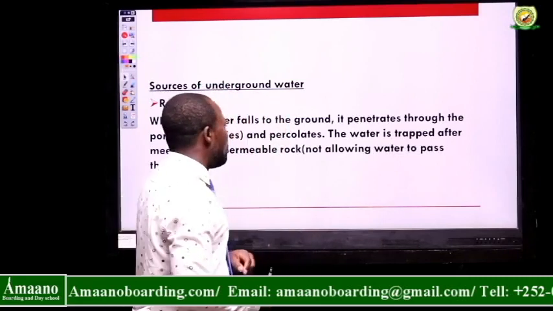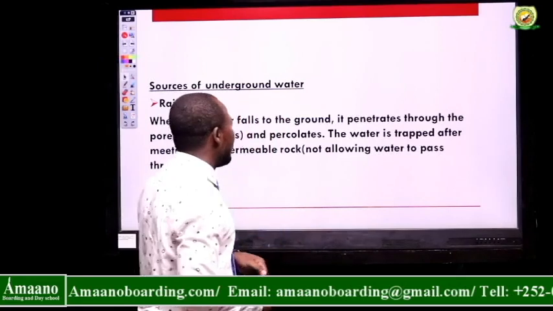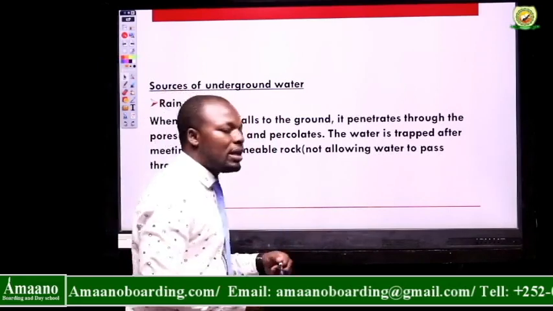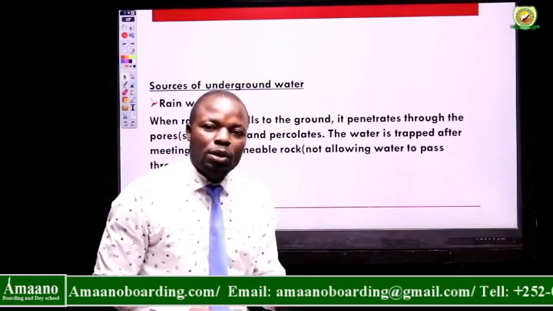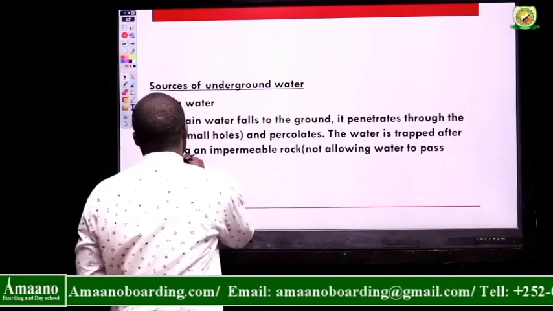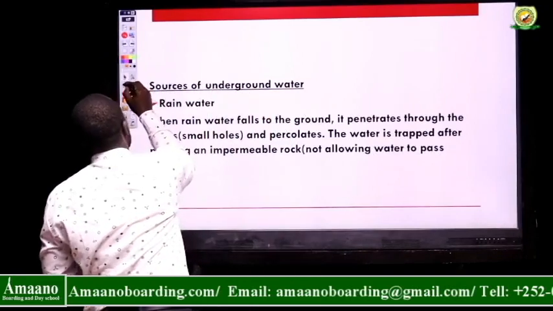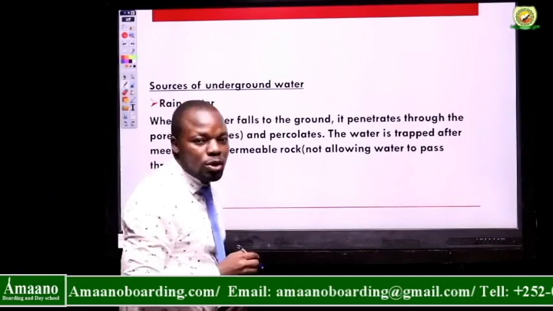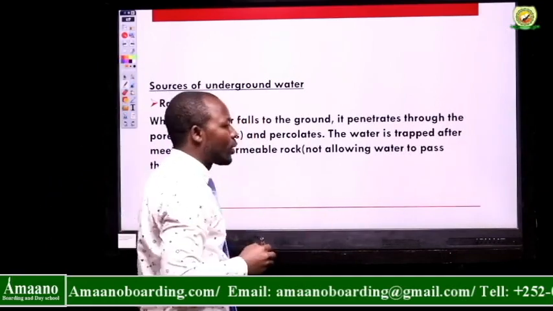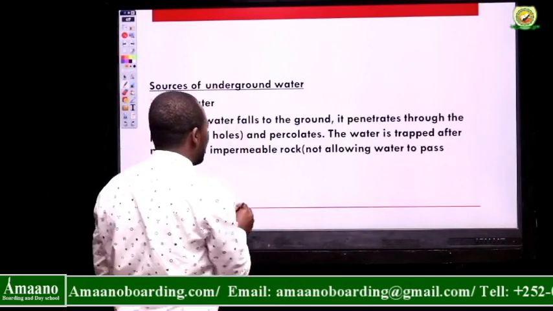Now, this water may get underground and then meet an impermeable rock. An impermeable rock is a rock which does not allow water to pass through. So, for instance, water was moving down through those holes found in the soil.